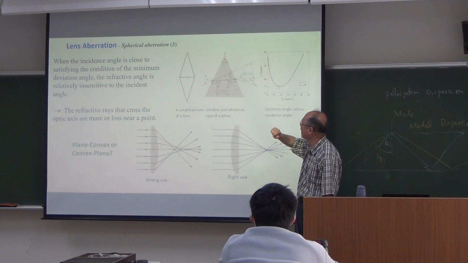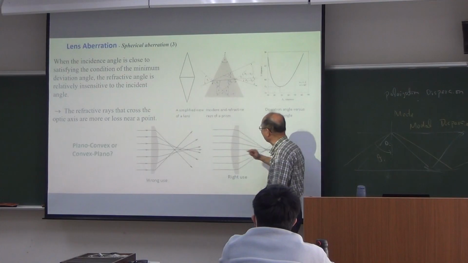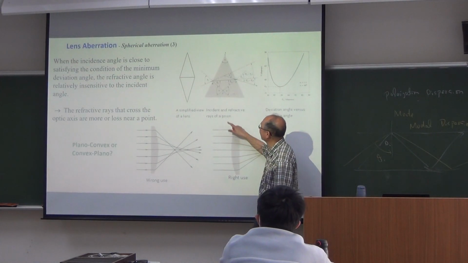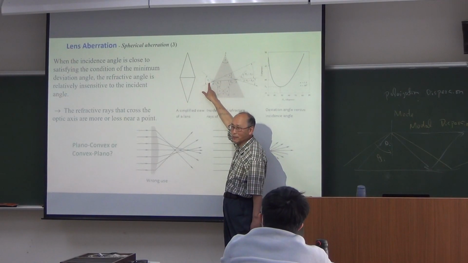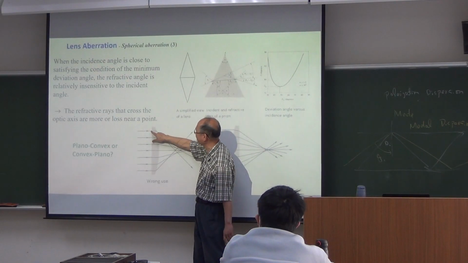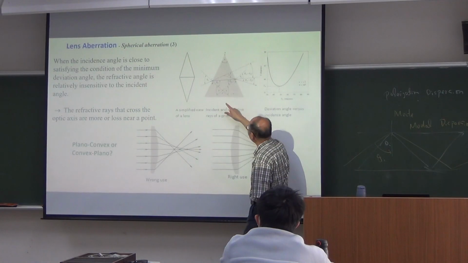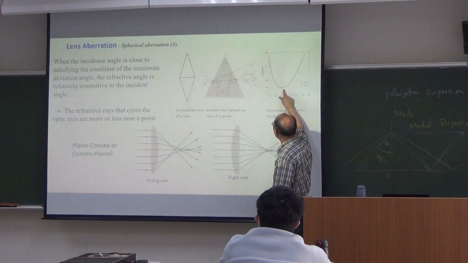Okay, and so if you compare this with this, you notice that for this configuration you have an entrance angle. But for this one, you don't have an entrance angle because this is just 90 degrees. But for this one, you have an entrance angle that will move the point to somewhere closer to this.